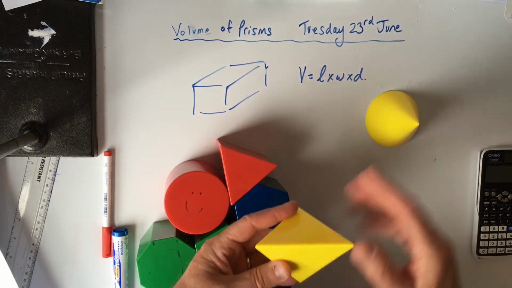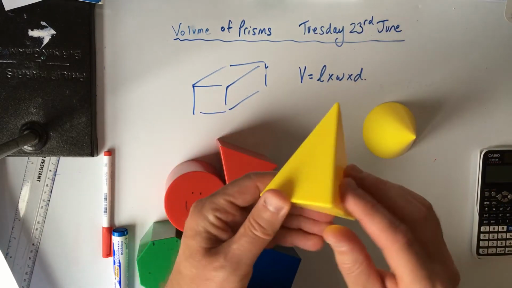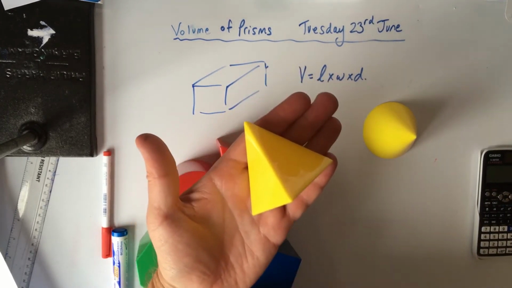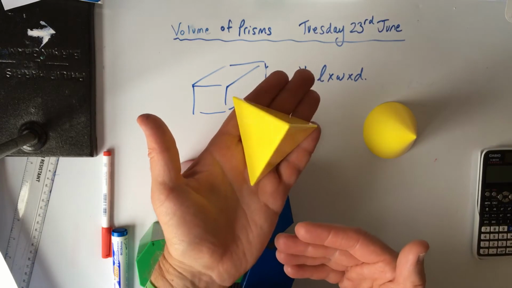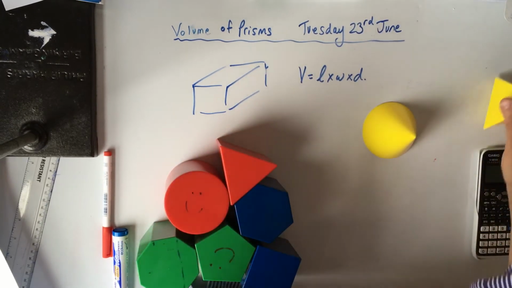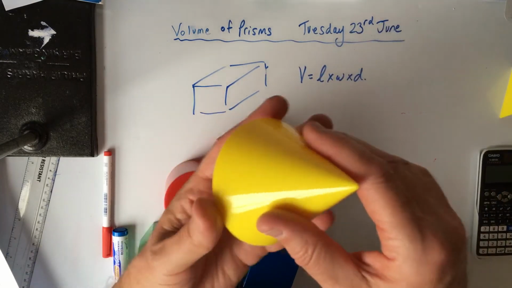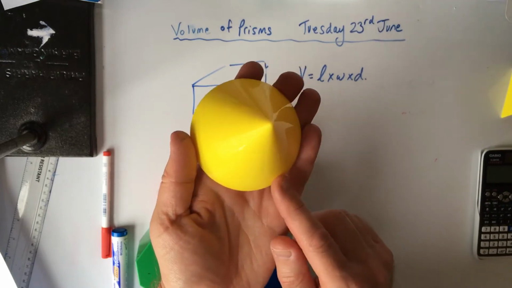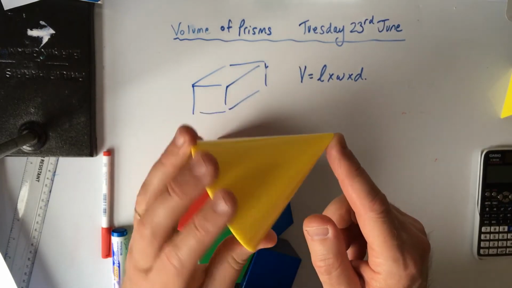The ones that we're not going to look at, they're not on foundation, are these shapes here. You can see they have a flat base and no side runs through it. These are the pyramids. That's a triangular based pyramid, and this one is a cone, but it can also be called a circular based pyramid. It has a flat circular base that slopes to a point.